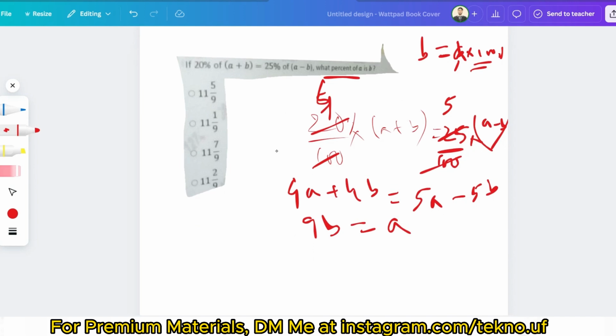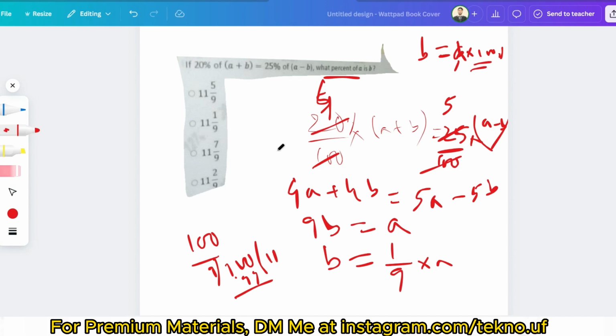Now we have to get the value of b, so it becomes 1 by 9 into a. What is the percentage of this? If you divide 100 by 9, you get 11 1 by 9.